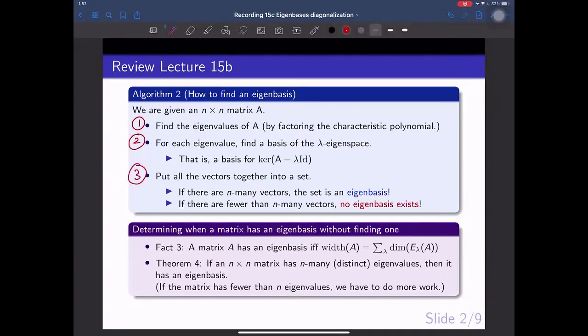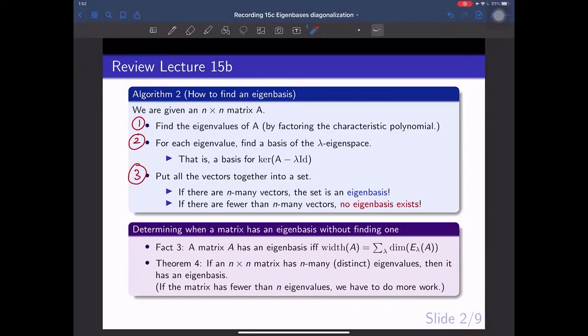It's also possible to determine whether a matrix has an eigenbasis without actually finding one. So without actually going through this algorithm, we can check the dimension of each eigenspace of the matrix and then take the sum of the dimensions and check if that is equal to the width of the matrix. If not, then the matrix does not have an eigenbasis.